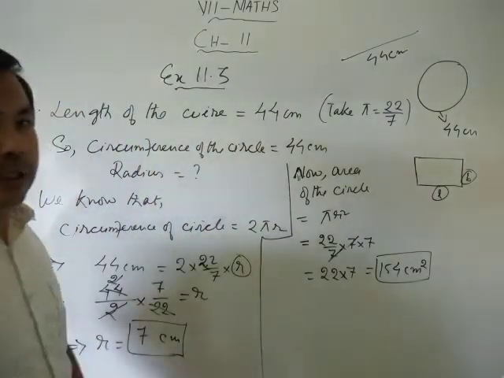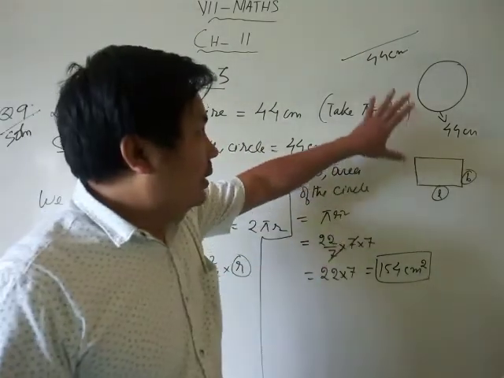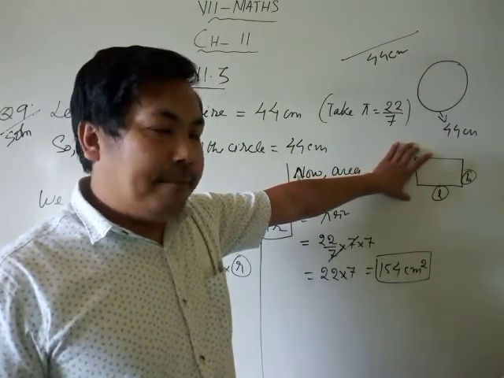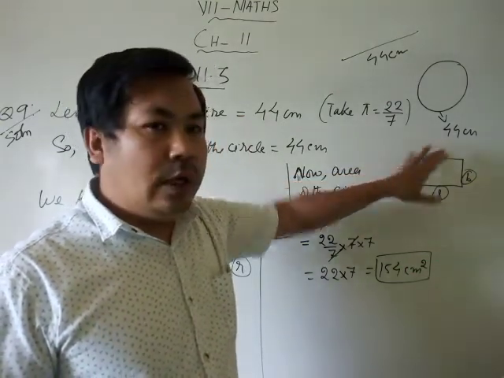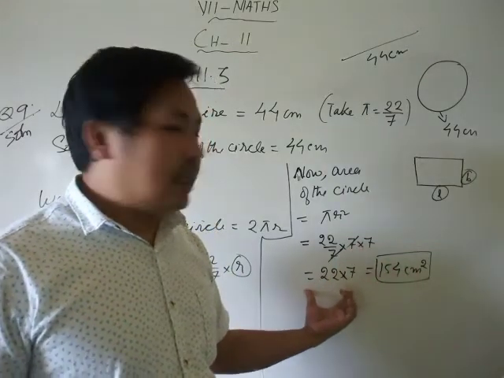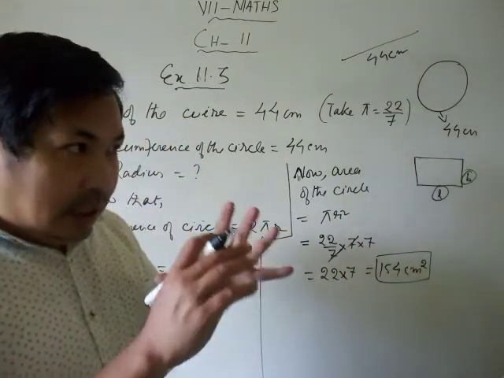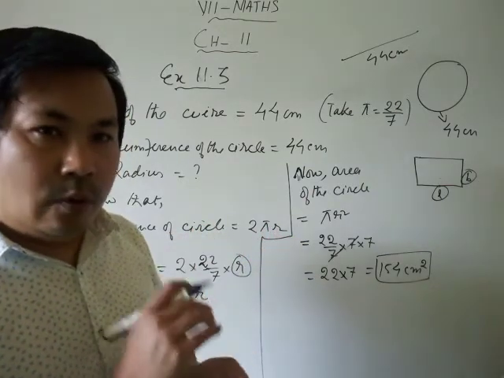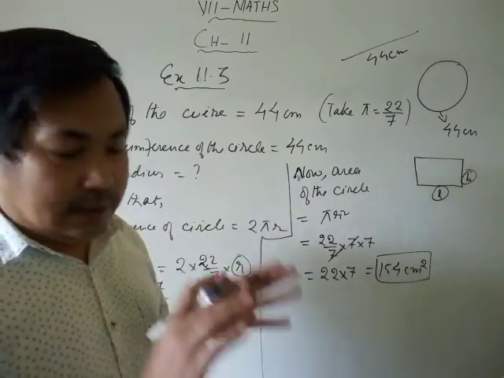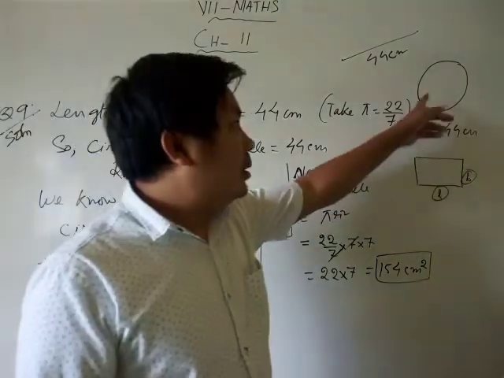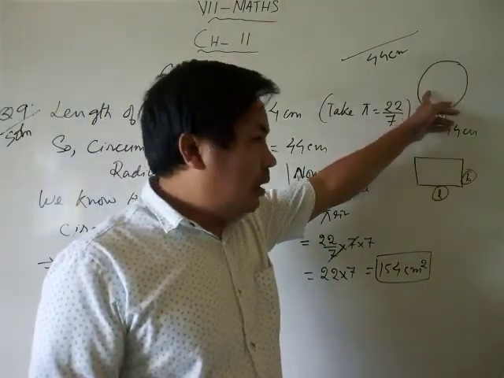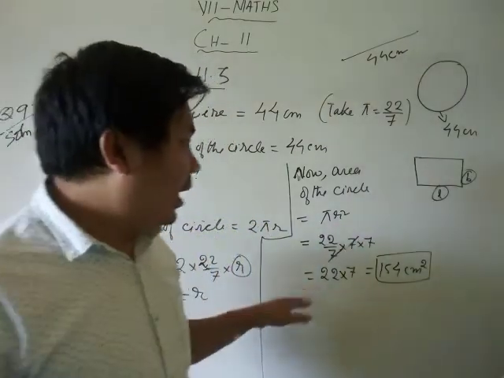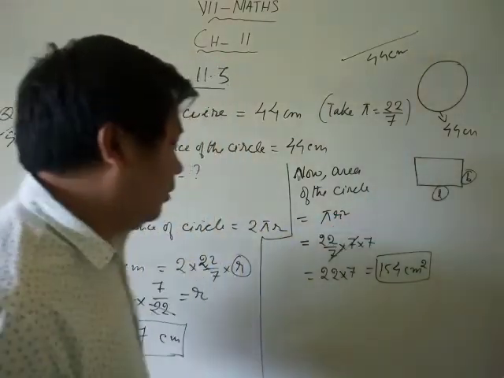But one thing you have to understand is that the same wire is making the rectangle, isn't it? So the area of the rectangle will be equal to the area of the circle, because the area covered by the same length of the wire will be the same, whether it is a circle or a rectangle. Okay, so the area of the rectangle will be equal to how much?